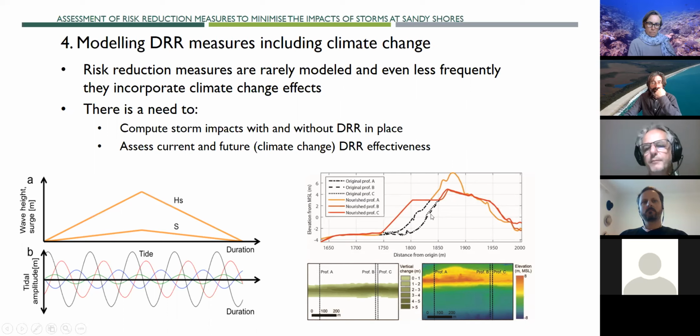And of course, we can do it for the current profile, which is here in black, or you can change the morphology, inputting a nourished profile and test this measure in terms of reduction of the hazard at this coastal area.